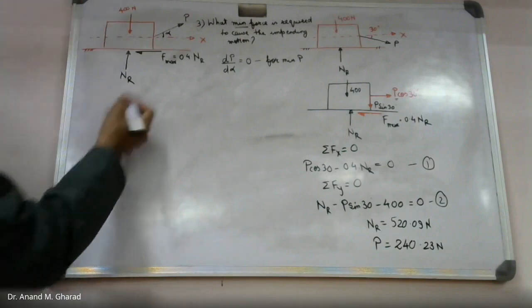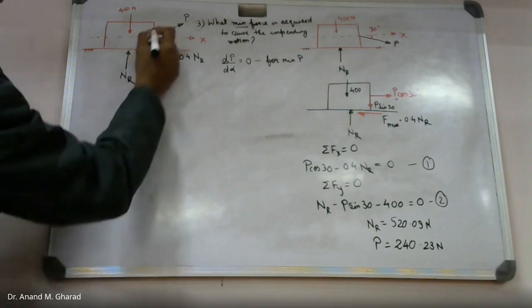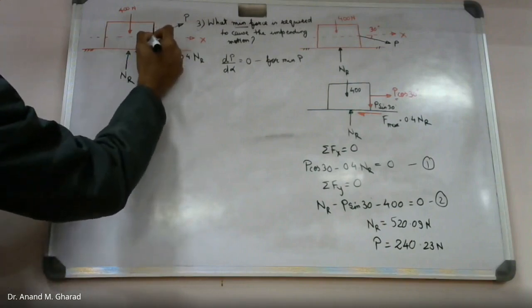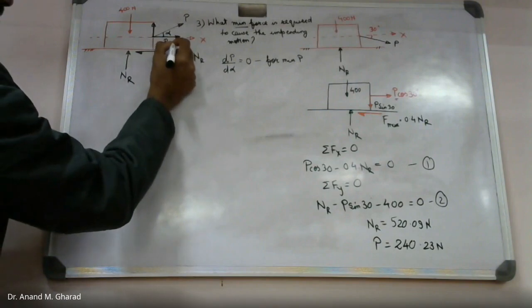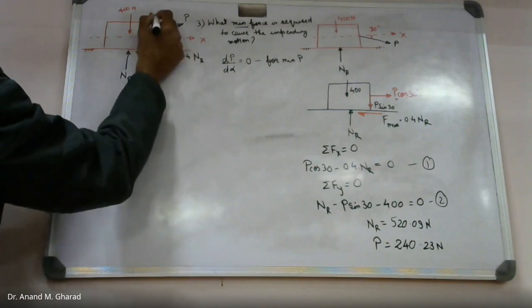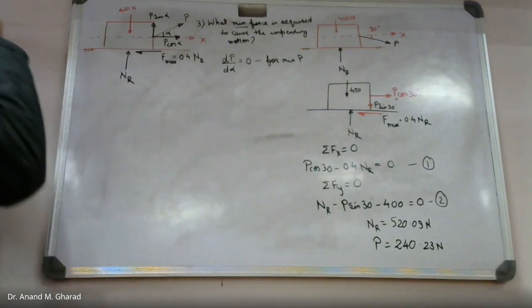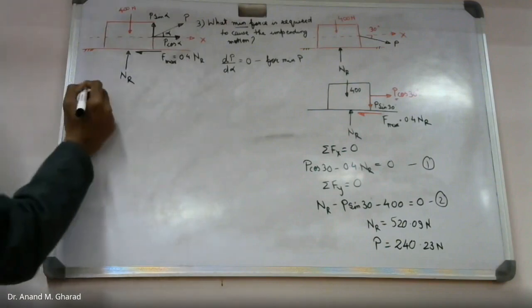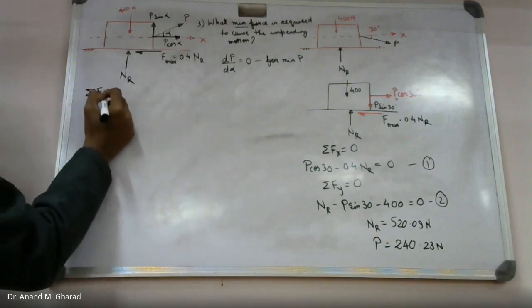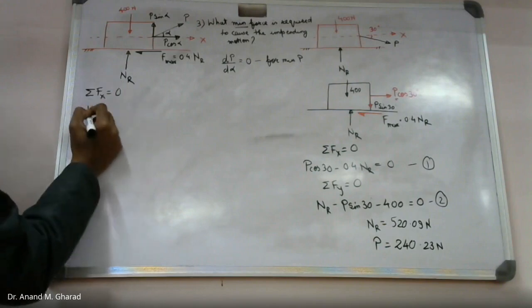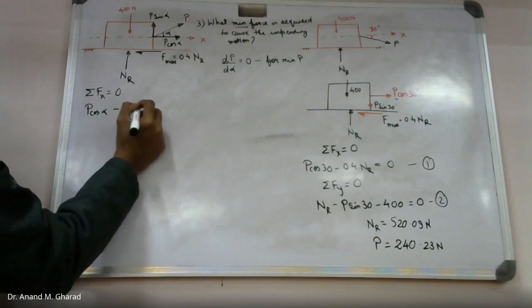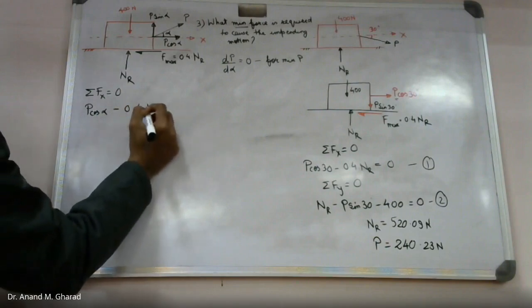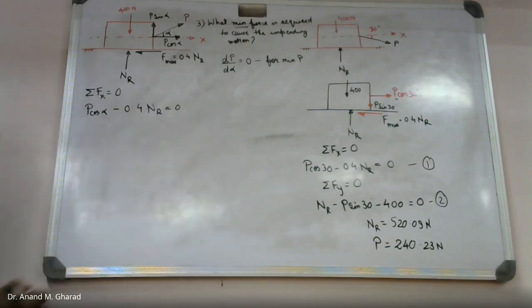Now it's a matter of calculation. So what you do, you resolve this into components. This will become P cos alpha. This will be P sin alpha. Okay. Make use of equations of equilibrium. P cos alpha positive minus 0.4 times NR equal to 0.